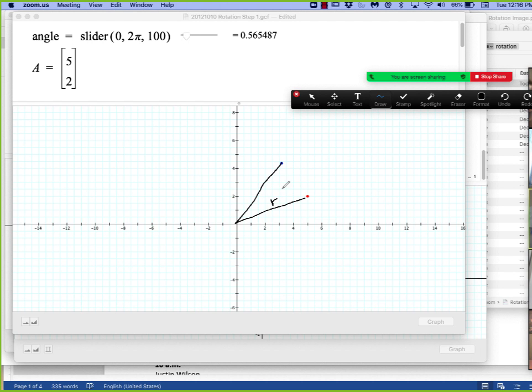And so should I write square root of 29? If I'm trying to create this animation where I can put in any values for the x and y coordinates of A, and then the angle will just rotate it, should we put 29 and 5, 2 like this?